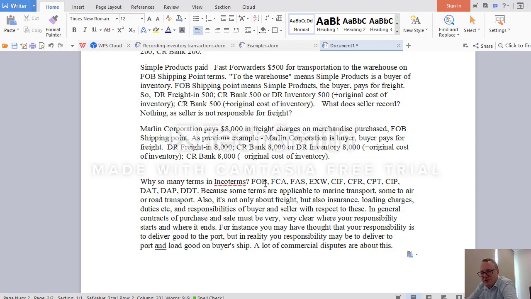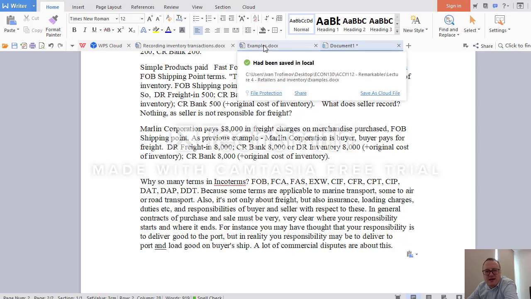And the terms are actually pretty much the same, but it depends on the type of transport. Some of the terms are applicable for road transport, some of them for air transport, and also there are other responsibilities like insurance, loading charges, and customs duties, and so on.